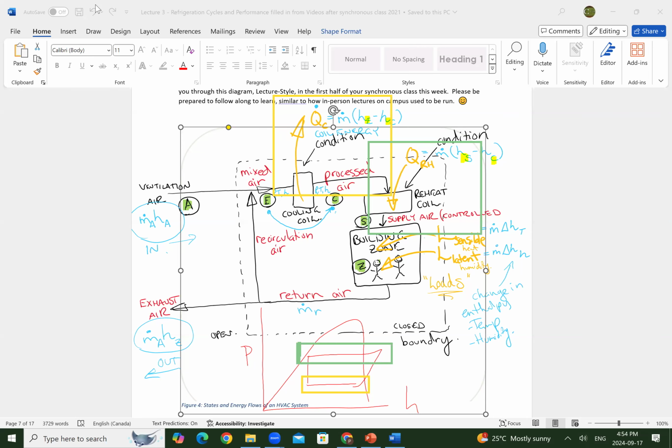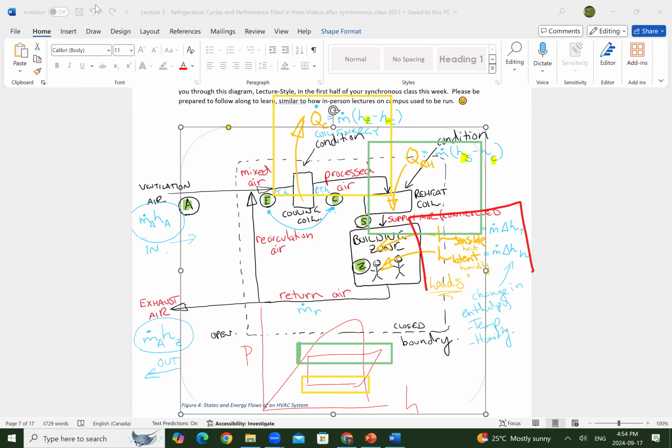And the heat that they are giving off is going to go into the system related to m dot delta H. That is of sensible, which means you can measure it in temperature. And the latent heat is the heat that doesn't change temperature, according to the mass flow of the system and the change of energy of the system, the change of enthalpy in the system because of the humidity change.